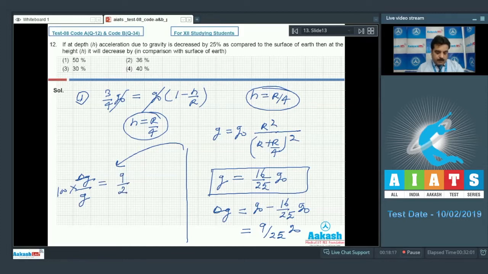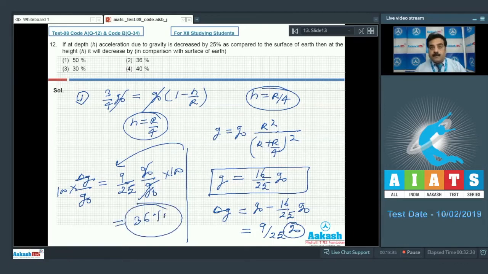So 9 upon 25 into g naught; now divide by g naught, the initial value, into 100. G naught will cancel out, so you will get 36%. So in question number 12, option number 2 will be the right choice.